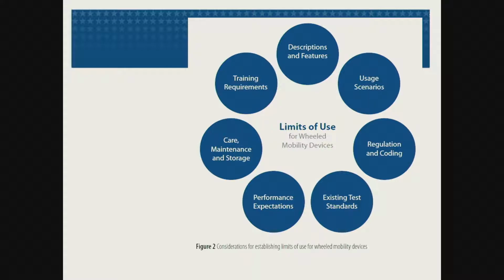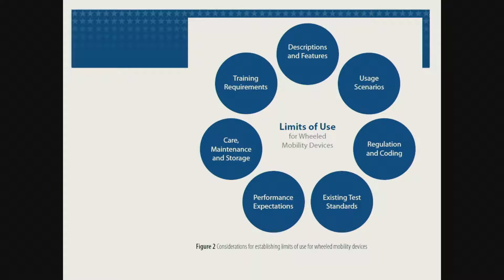When we're thinking of those limits, we want to think of them comprehensively. We want to think about the descriptions and features of the device, the different scenarios that we're going to use the devices within, the regulation and coding, like Kendra mentioned, what test standards exist, what test standards don't exist, the performance expectations of the device, the way we care for it, maintain it, store it.